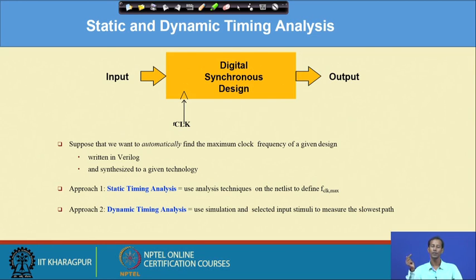Then you can ask, what if I make it lesser? Suppose the critical path requires a time of, let us say, 10 nanosecond, but I make the clock period 9 nanosecond. At that time what will happen? Before the execution of that path completes, your data will be changed at the input side, though the operation is still yet to be completed, because it requires 10 nanosecond.